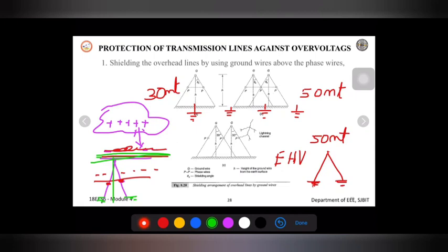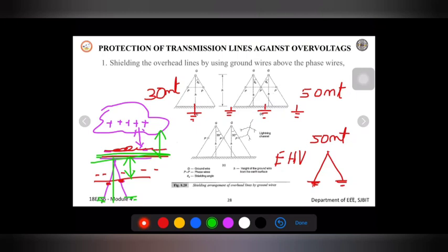So the potential differences between the cloud and ground wire, and between the ground wire and phase wire, will be in inverse ratio to the respective capacitances of the transmission line. So the voltage difference will be inversely proportional to the capacitance of the transmission line here.